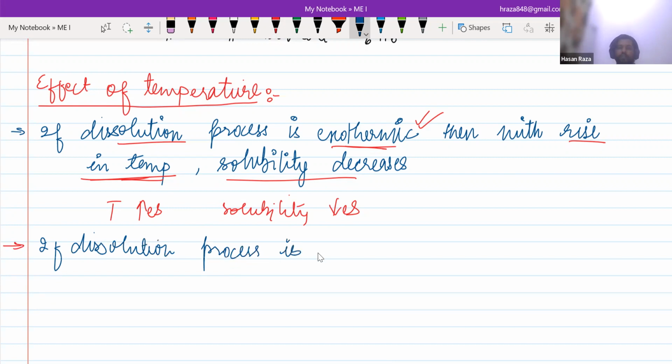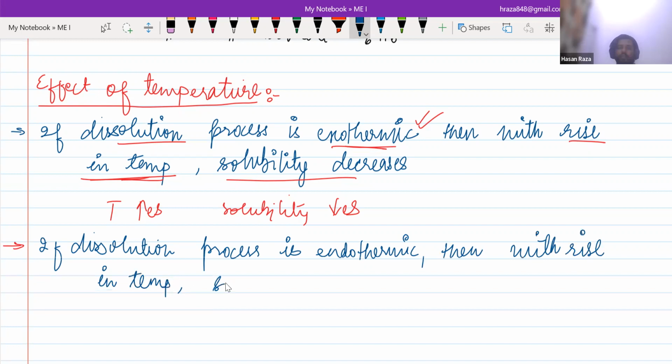And if the dissolution process is endothermic. Endothermic is a process which requires heat energy, right? Then with rise in temperature, solubility increases, because it requires heat energy, and at that time you increase temperature.